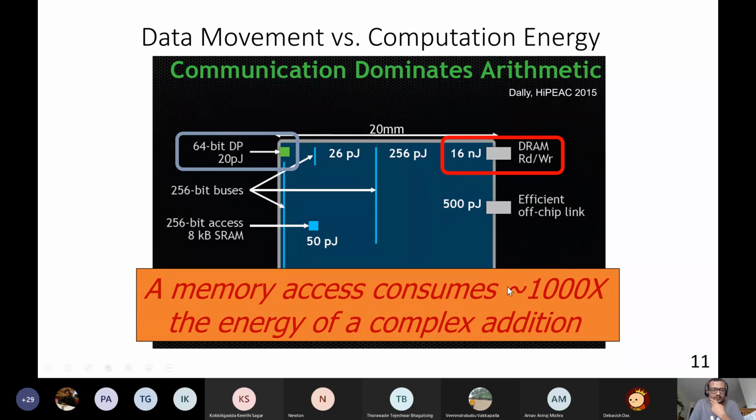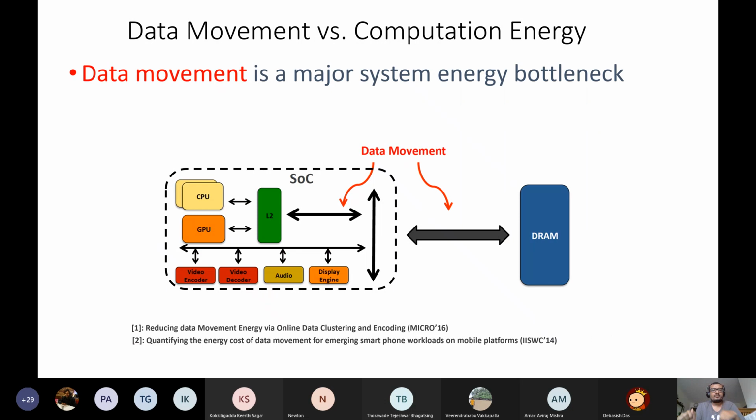Since this trend was there, it was not a big deal. But now that people are talking more and more about green computing, sustainable computers, sustainable data centers, all these numbers play a big role. And that's where the motivation for a new way of communication between processor and memory comes up.